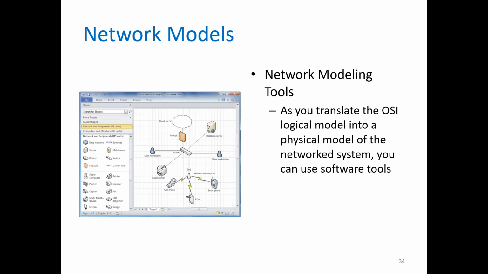As you translate the OSI logical model into a physical model of the network system, you can use software tools. A very good example of a software tool to do so is a network modeling tool. It allows the development of logical designs of a network. A very good example of a network modeling tool is Packet Tracer.